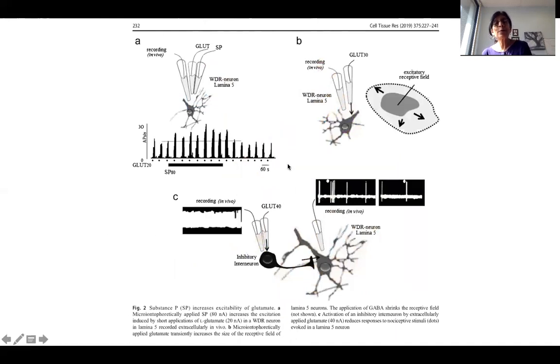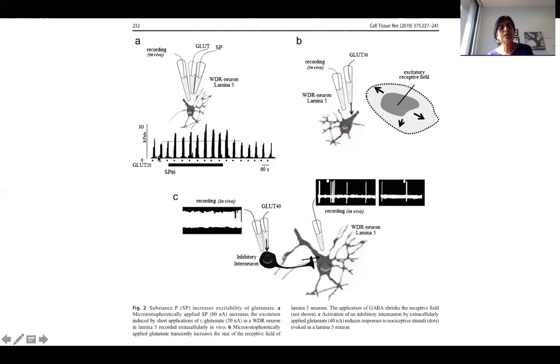So this is another nice illustration. I want you to pay attention to the response here. You're talking about glutamate and substance P. Glutamate is here, and it has a certain response. Take a look. Substance P increases excitability of glutamate.